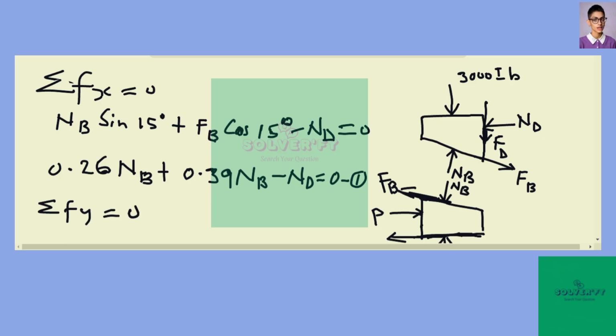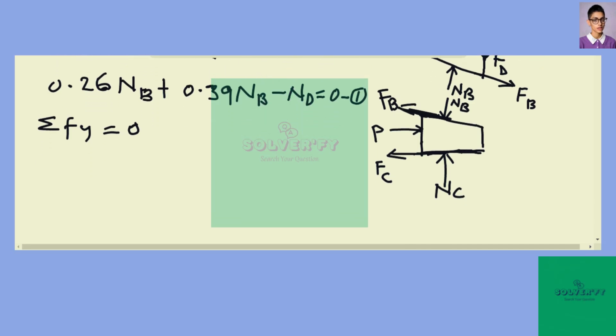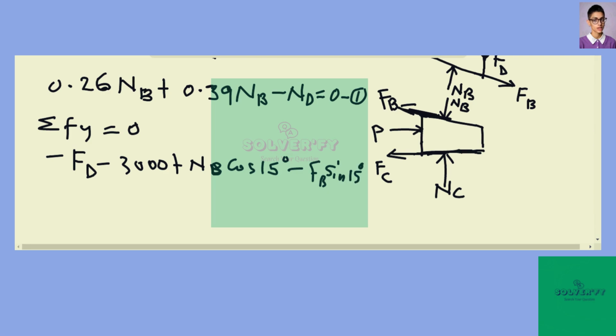We are going to arrive at the summation of the forces being minus Fd minus 3000, plus Nb cos 15 degrees minus Fb sine 15 degrees equals 0. Here Fd is the frictional force at D, and Nb is the normal reaction at B.